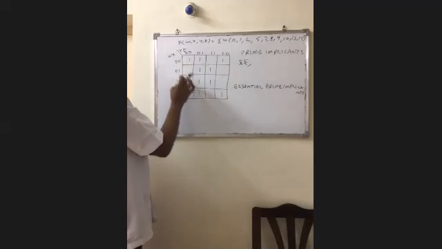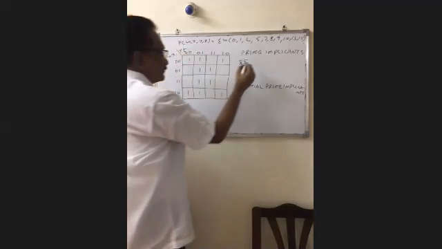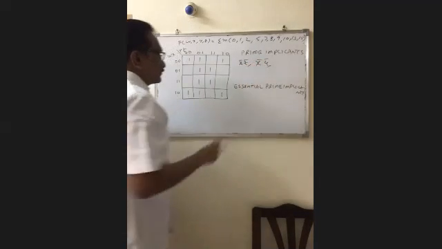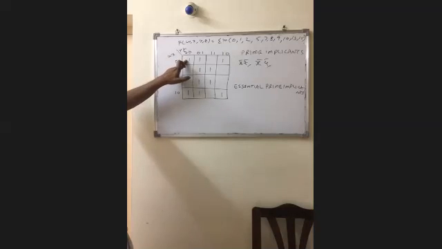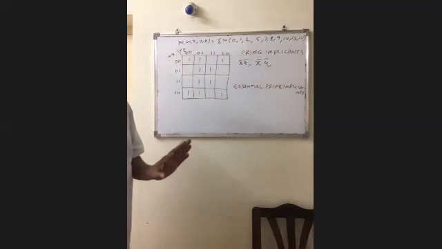So for that one, I have to write x bar y bar. And with this minterm, there are two quads, so those two are prime implicants only.